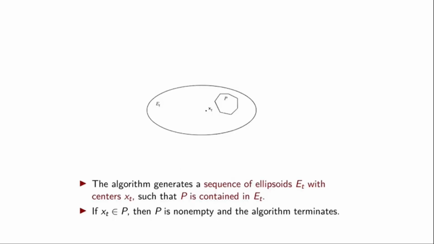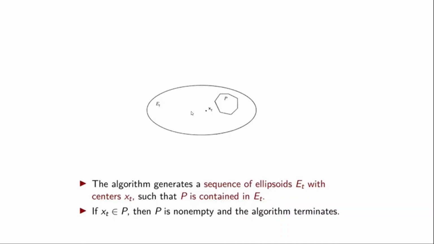As I've said, our task is to determine whether the polyhedron P created with the constraints given to us is empty or not. To determine that, we have created an ellipsoid Et whose center is xt. For this center xt, two things can happen. The center xt can lie inside the polyhedron or it may not.